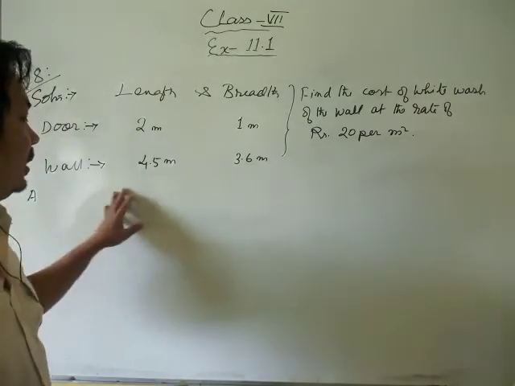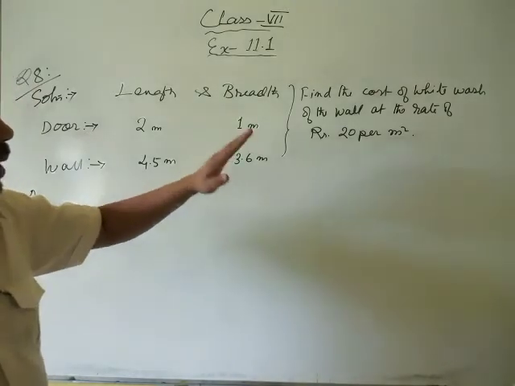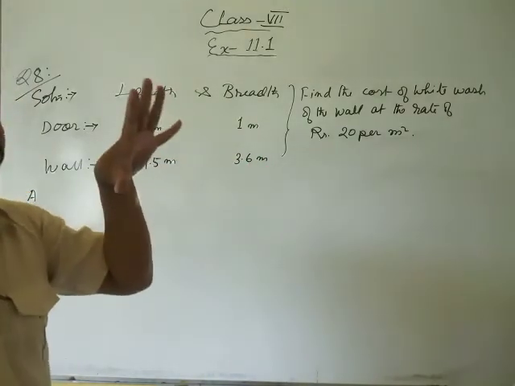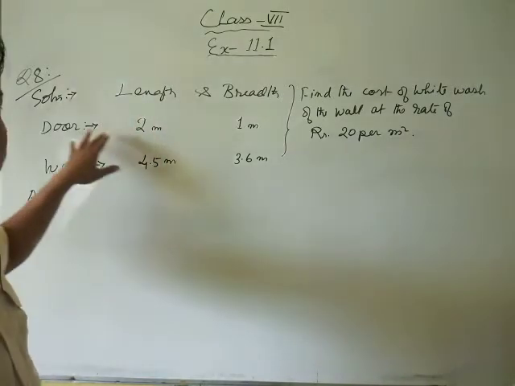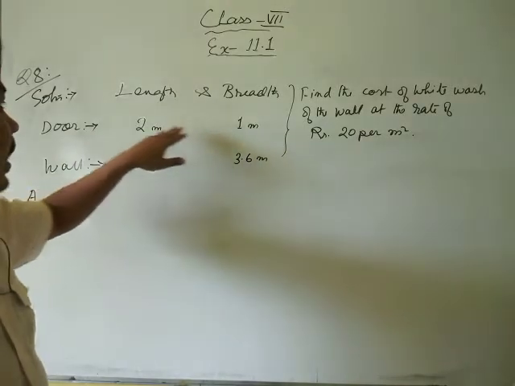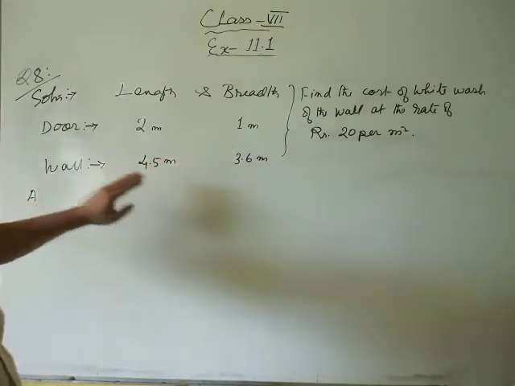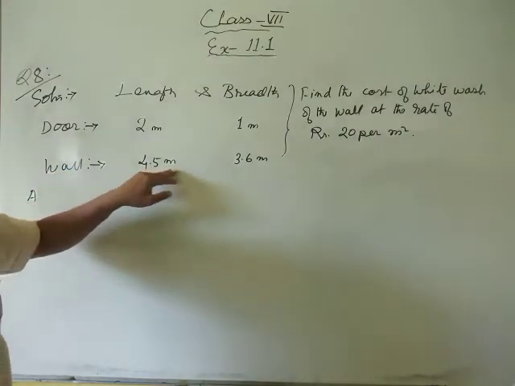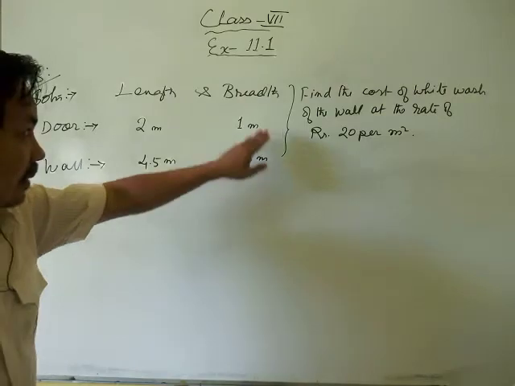Keep one wall, a wall where a door is there. The dimension of the door is given here as 2 meter length and 1 meter breadth. And the dimension of the wall is 4.5 meter length and 3.6 meter breadth.